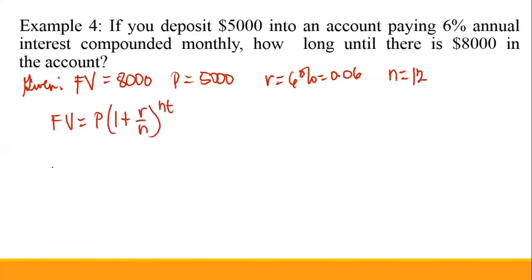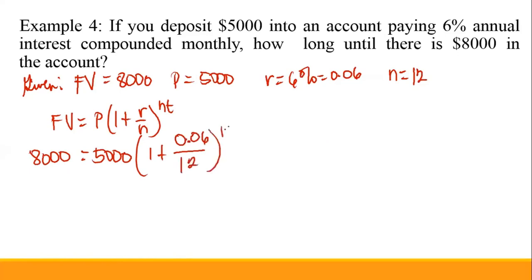Just plug in the given information. So we have 8,000 equals 5,000 times 1 plus the annual interest rate 0.06 over 12, raised to 12 times t. Missing yung t, yung time.